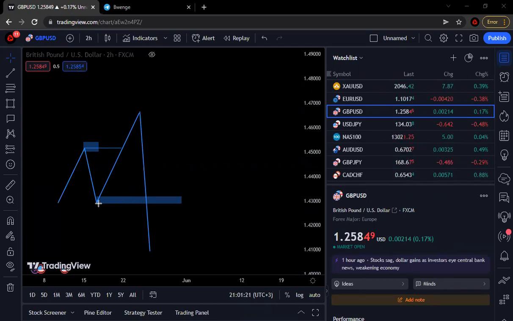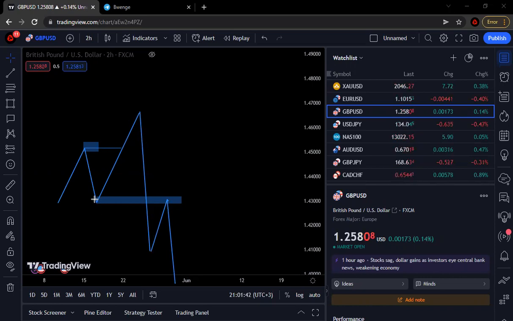This order block was broken from above. So what do we have to wait for? We have to wait for the price to come back to this invalidation level, I mean, to this supply, so that we can sell downward. So you can see this is what we call a breaker block.